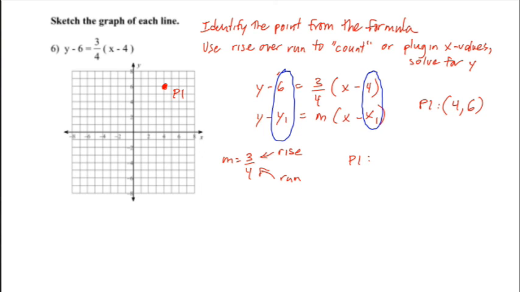If we think about what's going on here, we're not going to have much space. If we try to go over 4 and up 3, we're going to be over here someplace. So we can alternatively look at this as minus 3 over minus 4. And we can consider minus 3 to be our rise and minus 4 to be our run.